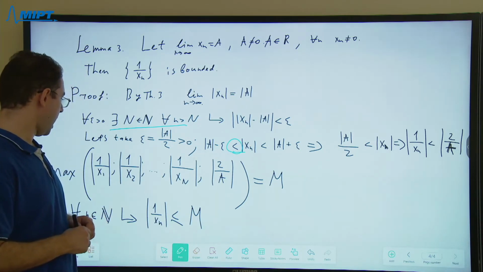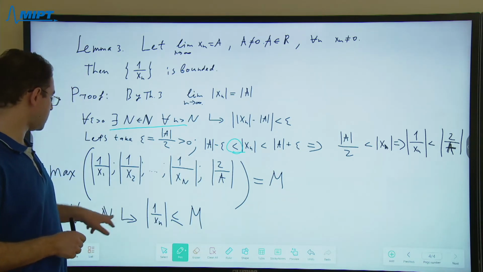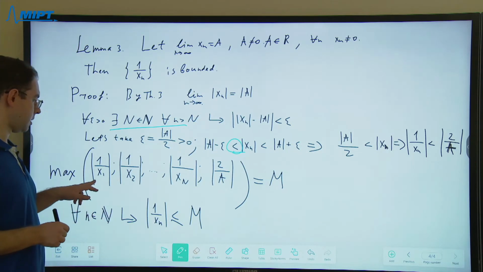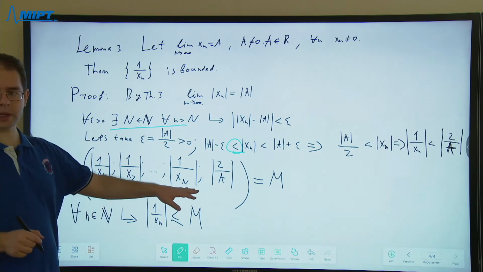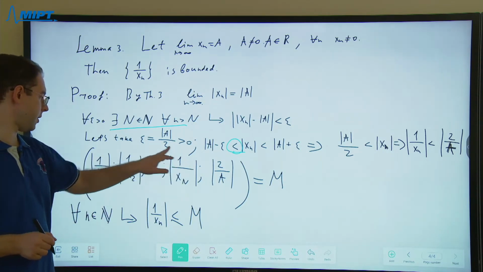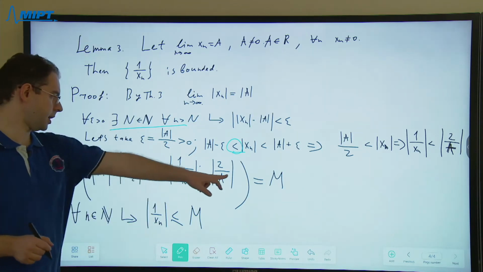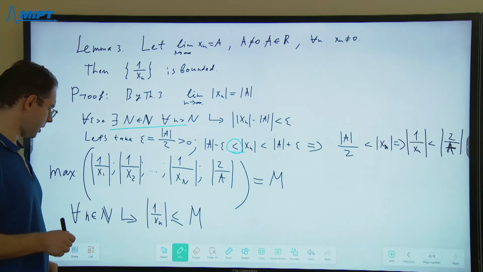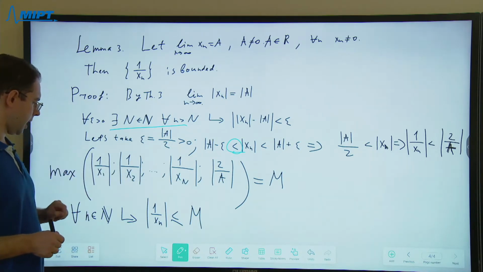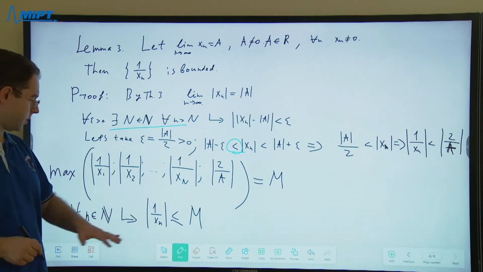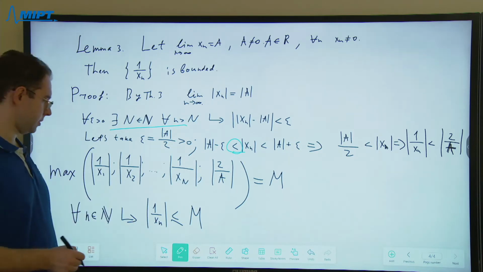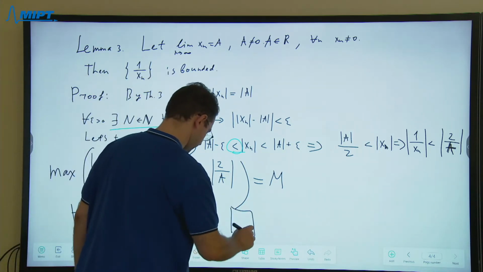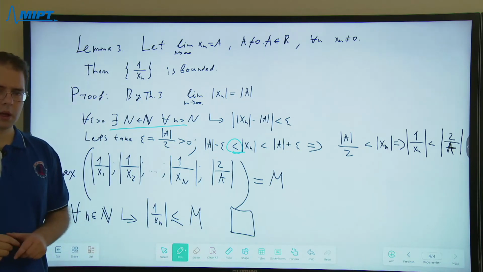Very well. And if small n is smaller or equal than capital N, then by virtue of this number capital M being the maximum of those, I also have this inequality. So this holds for any natural n. End of proof. Okay, questions?